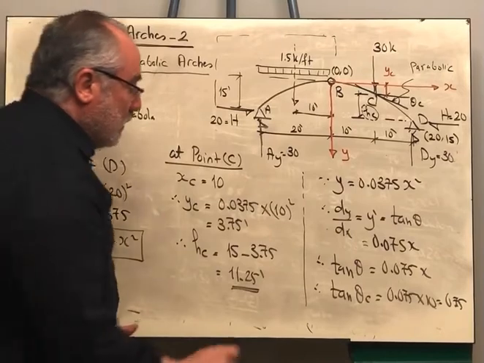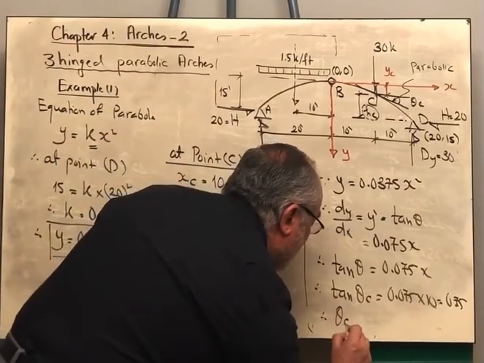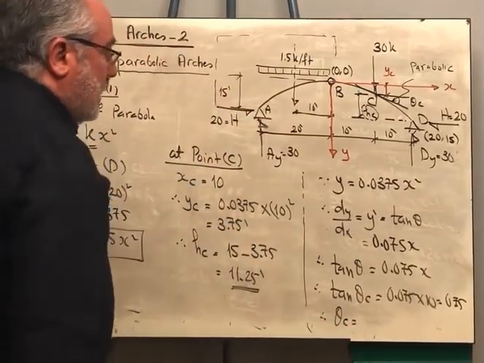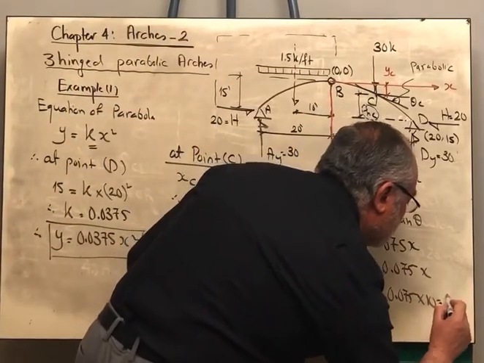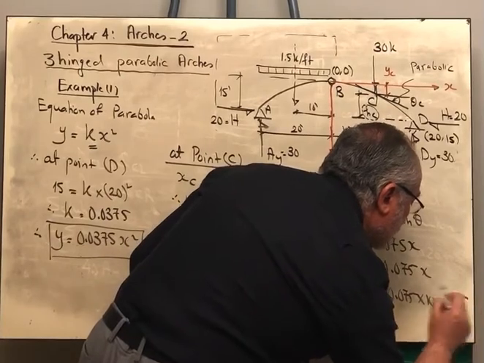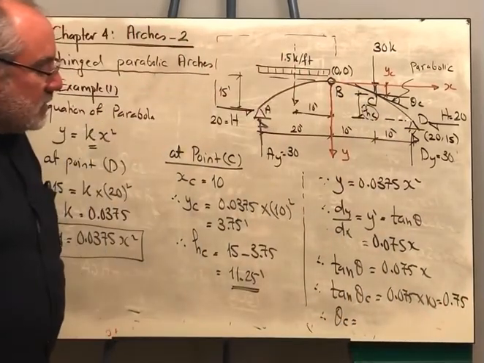Okay? Therefore you can determine the value of theta c, and you just substitute in the calculator the value of tan theta c is 0.75.